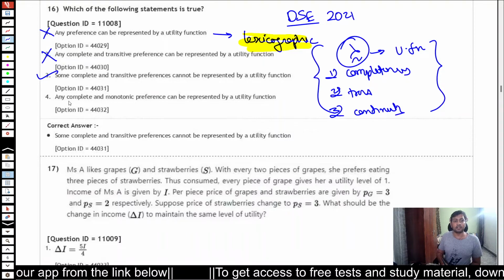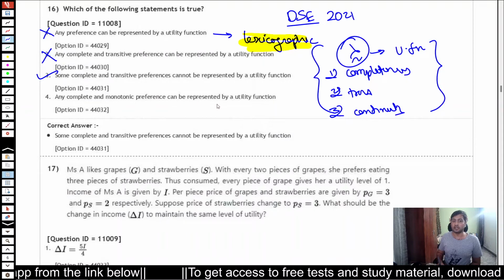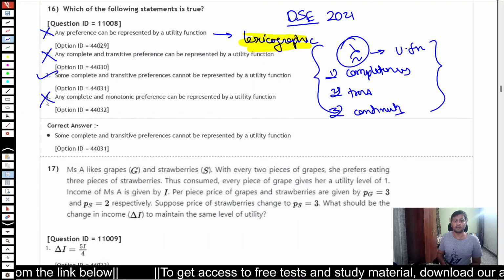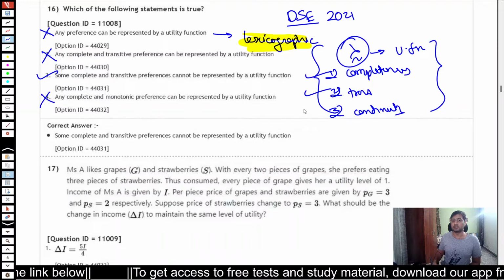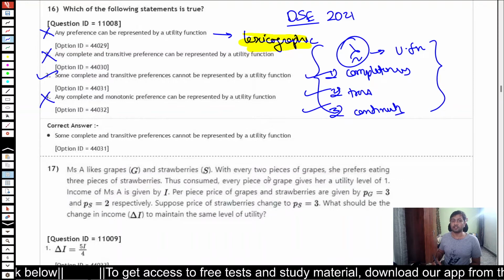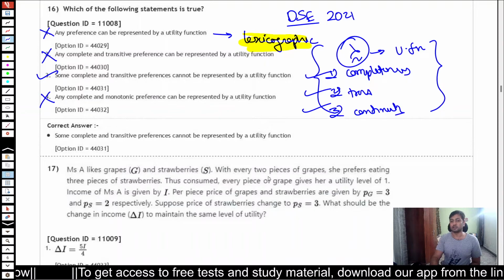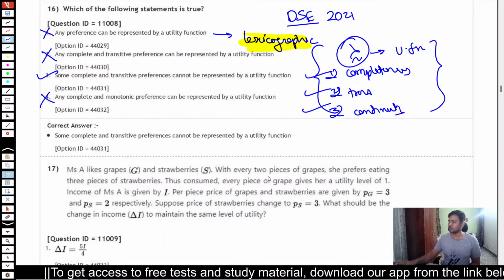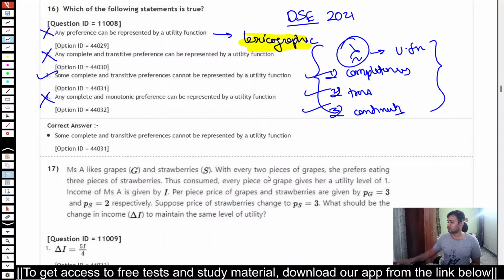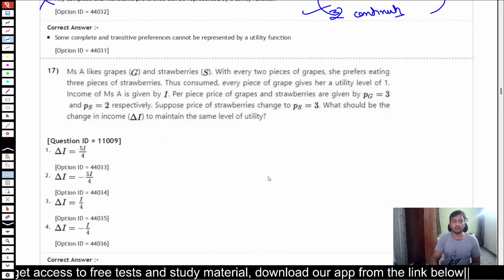And finally, any complete and monotonic preference can be represented by a utility function. Again, false. You need the preference to obey these three properties, only then it can be represented as a utility function. Okay, now let's move to question number 17.